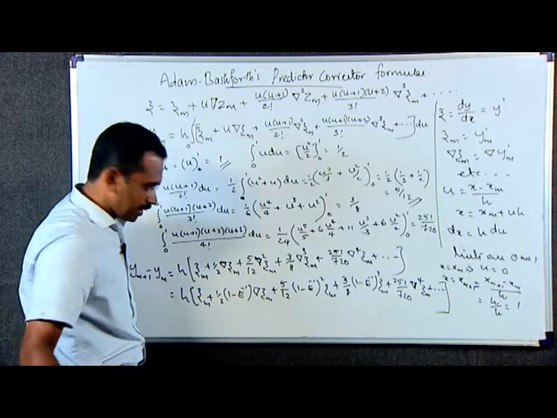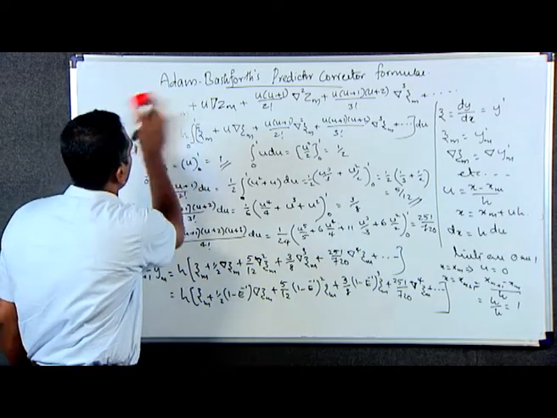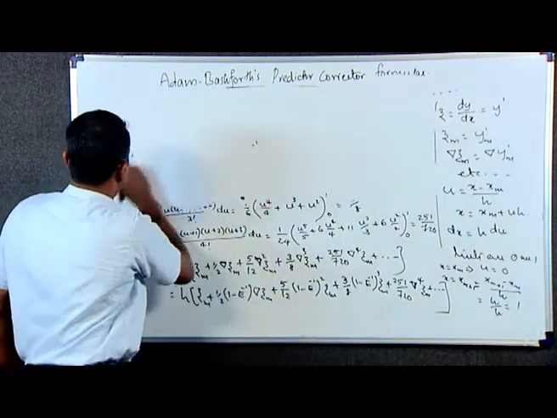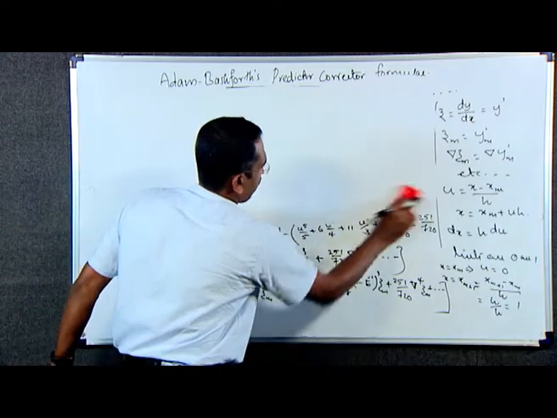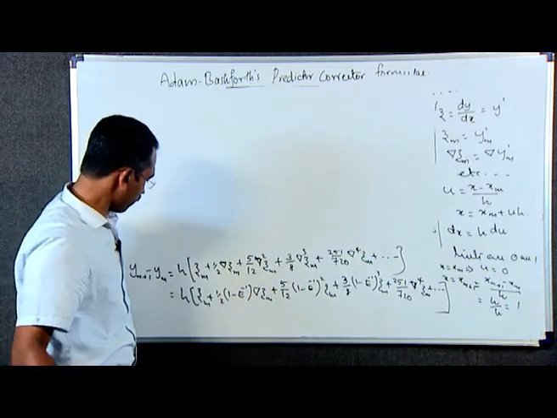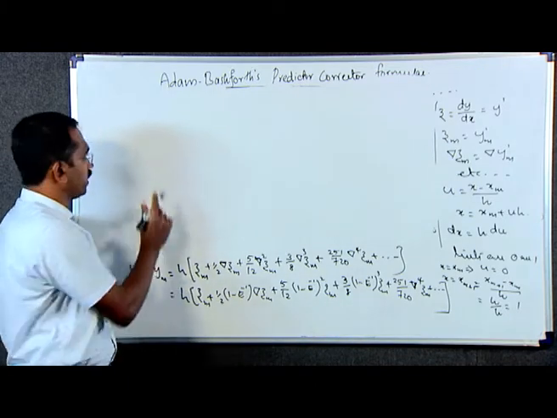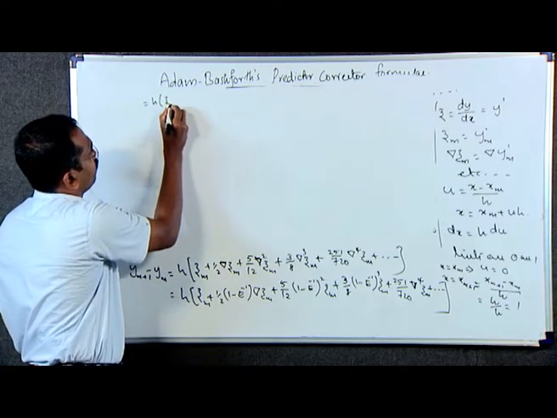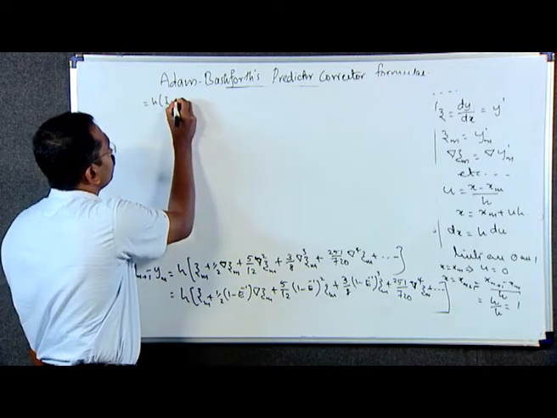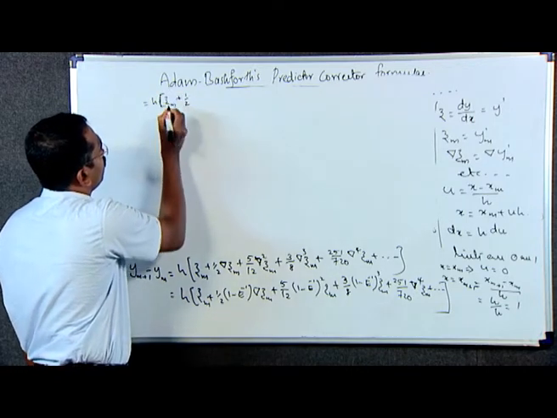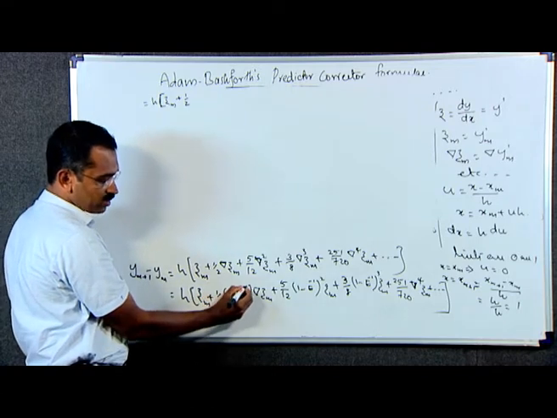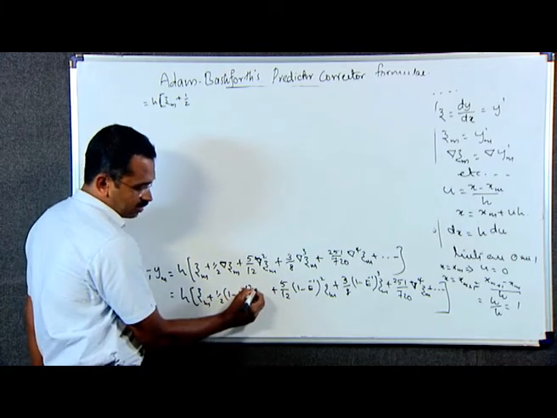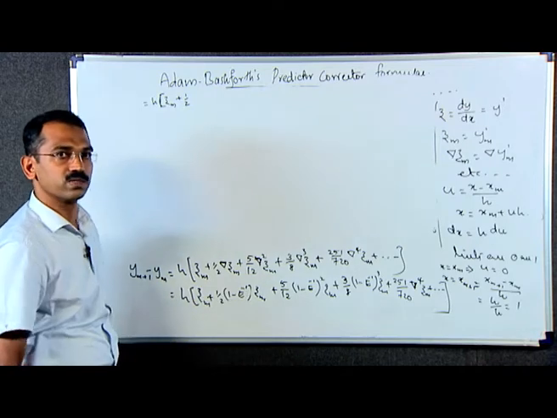We can write this as y_{m+1} minus y_m, which is equal to h into Z_m plus 1/2 into (1 minus E inverse) of Z_m, not del Z_m. This is (1 minus E inverse) of Z_m, because del is equal to 1 minus E inverse.